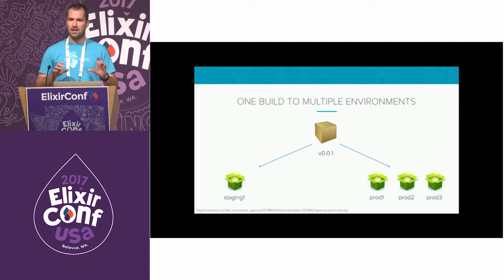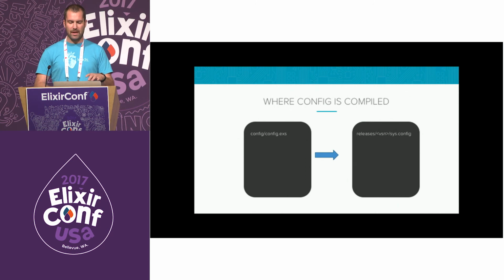So if we build the app and deploy to multiple environments, the tricky part is what do we do with configuration that's different between these environments. For example, staging may have one set of API keys, prod may have another. So what happens when your app is compiled is it takes your config.exs files and compiles them down into a sysconfig file that's part of your release.